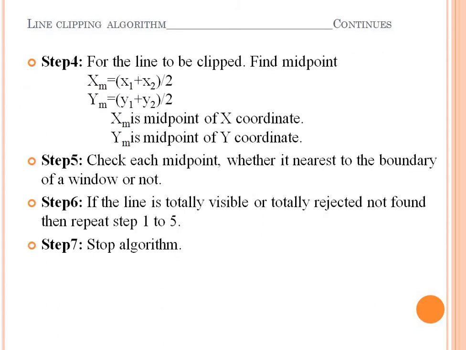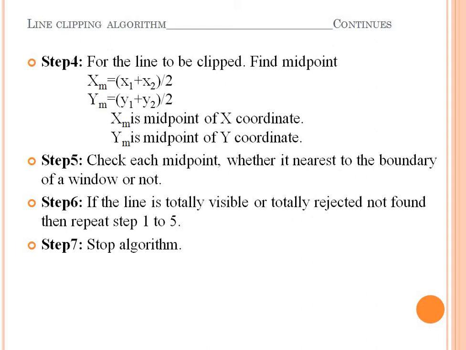Step four, for the line to be clipped, find the midpoint. We calculate xm equals (x1 plus x2) divided by 2, and ym equals (y1 plus y2) divided by 2, where xm is the midpoint of the x coordinate and ym is the midpoint of the y coordinate.